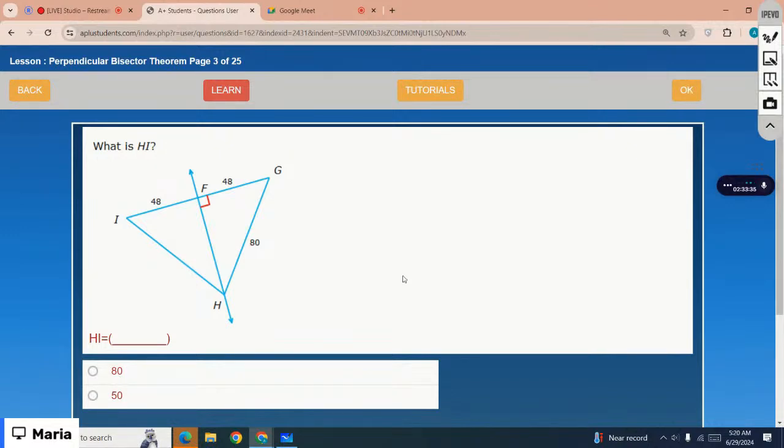HI is also equal to 80. The correct option is option number 1. Got it?